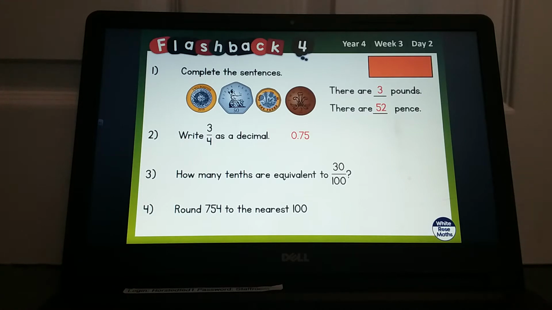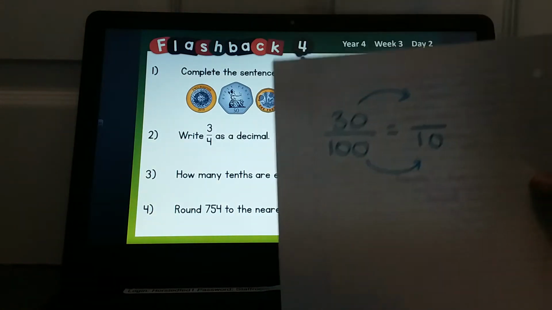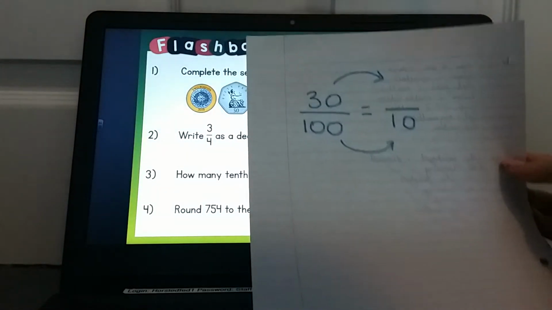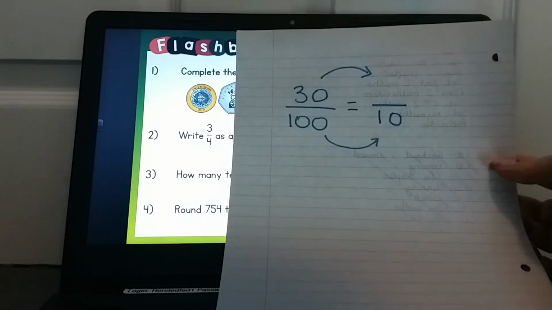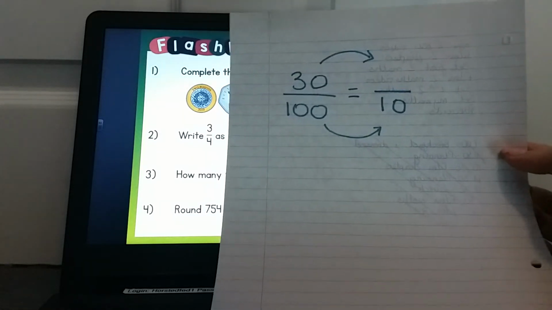Number 3 says how many tenths are equivalent to 30 hundredths. We know with our fractions, to find equivalent fractions we need to do the same thing to the numerator and the denominator. So if I have 30 hundredths and I want to get to 10 as my denominator, what am I going to need to do to my denominator?